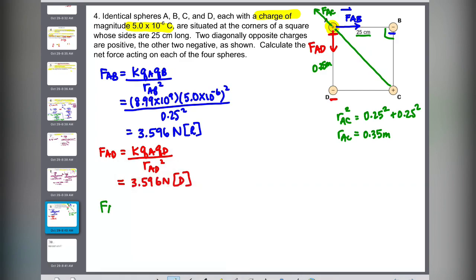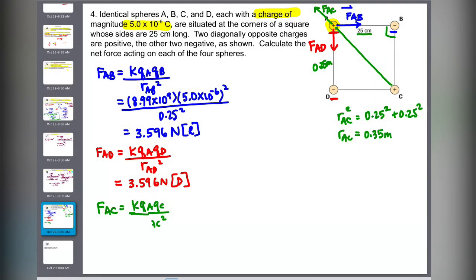So the last one is FAC. So kQ_A Q_C, all divided by the radius of A and C squared. Okay, so 8.99 times 10 to the 9.